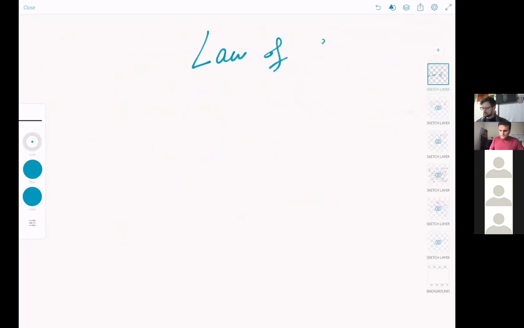Law of sine. This is the same as the sine that we just know.